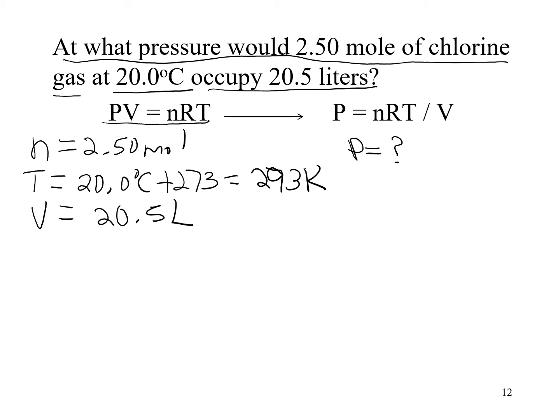So we could divide both sides by volume and get this equation here and then plug everything in to get our pressure. Or we can just plug everything directly into the formula.